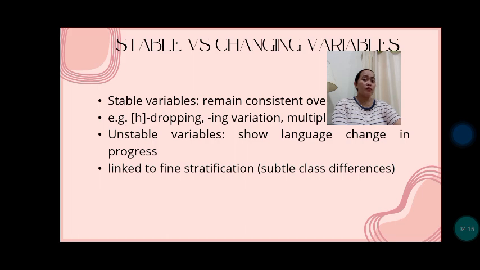We also have the grammatical variations. So this reflects social stratification. Research shows that middle class speakers use a higher proportion of standard grammatical forms compared to lower class speakers. Examples include the use of verb agreement, like she walks versus she walk. Then we also have tense marking, like I finished versus I finish.